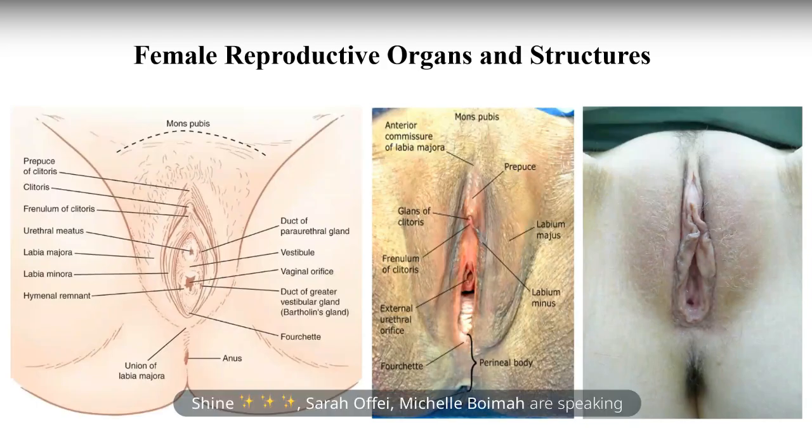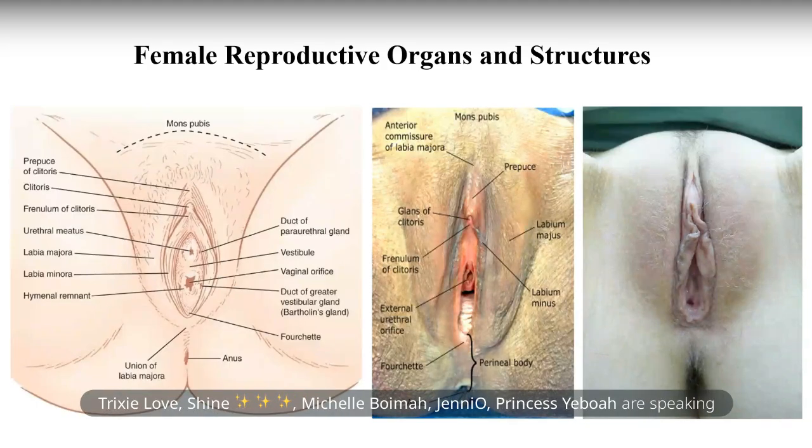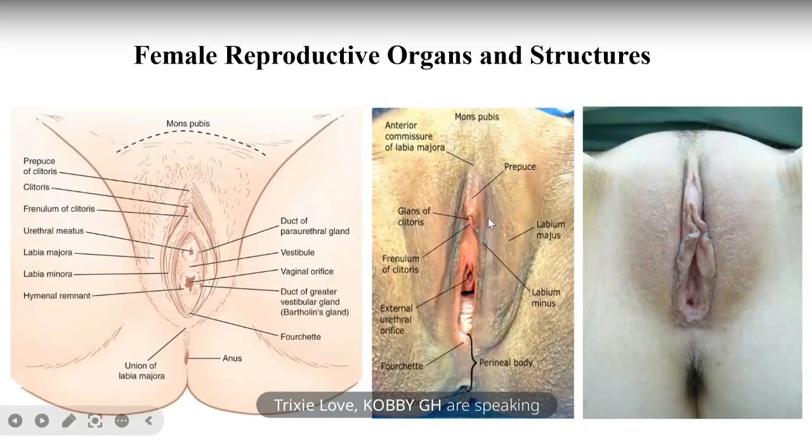In exams, when they give you a diagram, you point to the clitoris, label the glans of the clitoris, the prepuce of the clitoris, and the frenulum of the clitoris. So this is called the glans of the clitoris, the topmost part is the prepuce, and the downmost part is the frenulum of the clitoris.